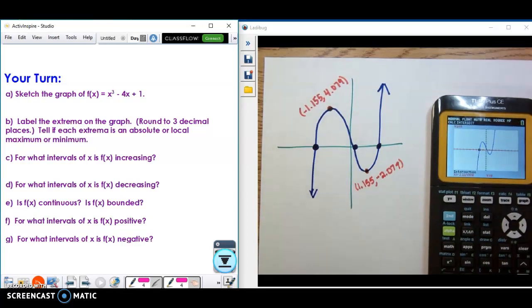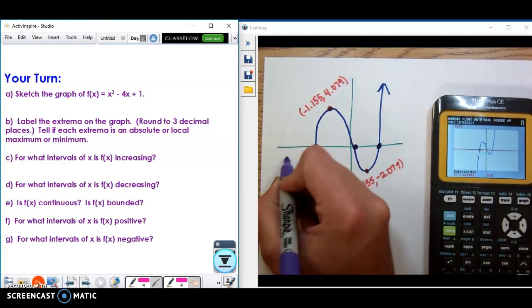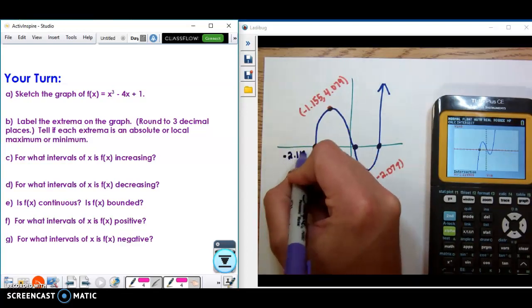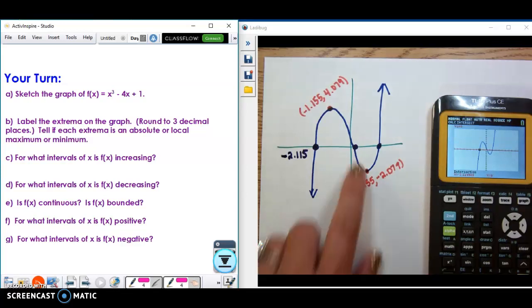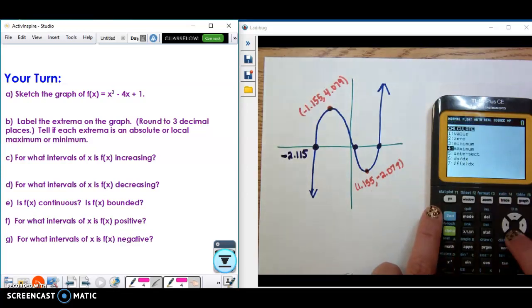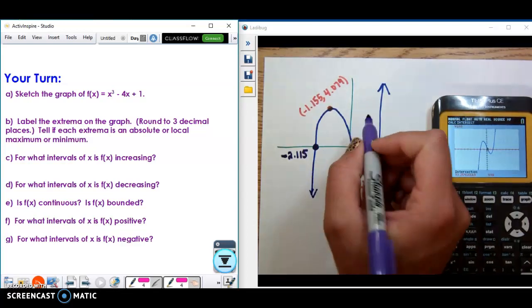So the intersection there is negative 2.115. So then I'm going to find the next one here. I'm going to do second trace intersect. I'm going to move it close to that second one. I'm going to hit enter 3 times. And that gives us 0.254.